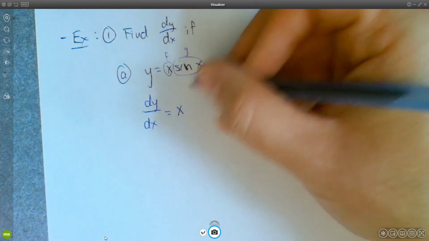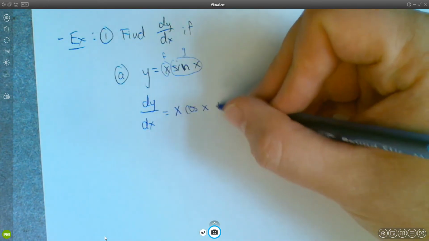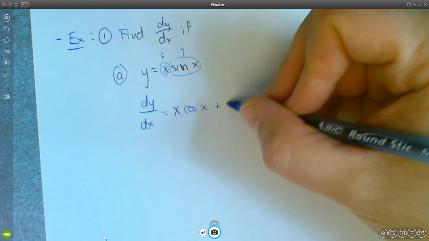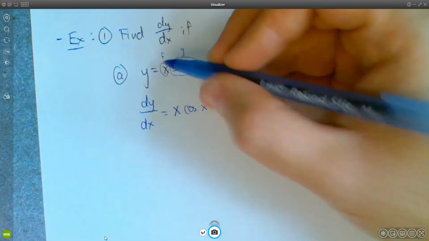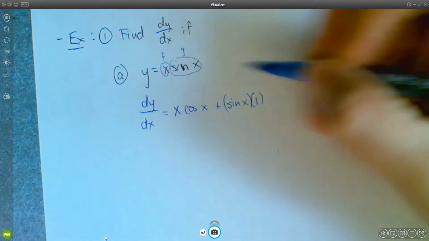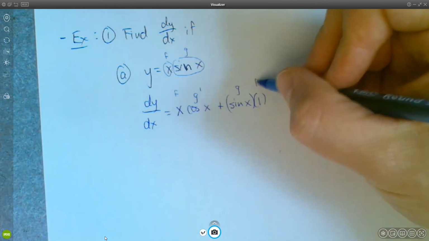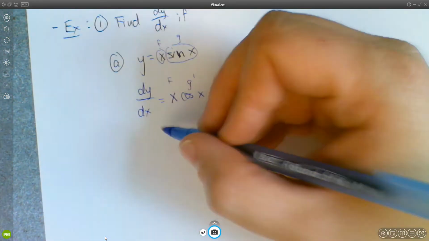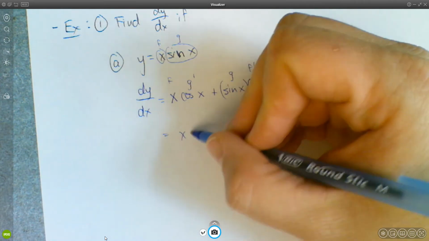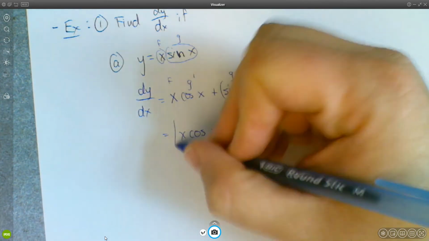The derivative of sine x is cosine x, plus g times f prime. The derivative of x is 1, right? So this is f g prime plus g f prime. Okay, we can clean that up a little. x cosine x plus sine x is the derivative.